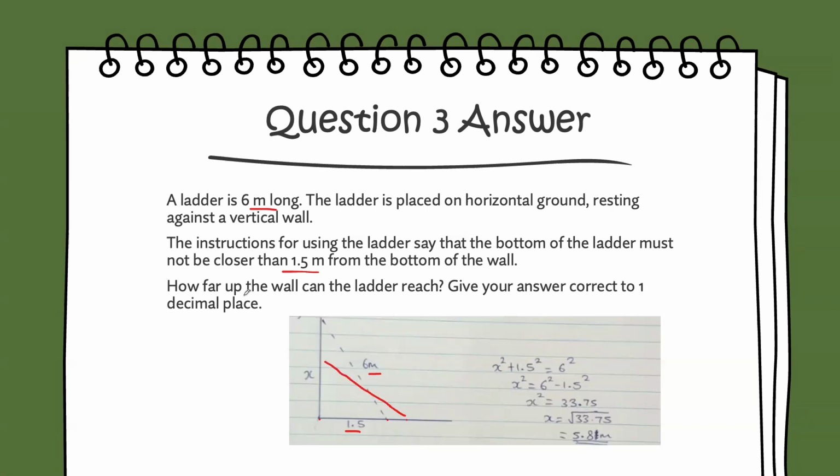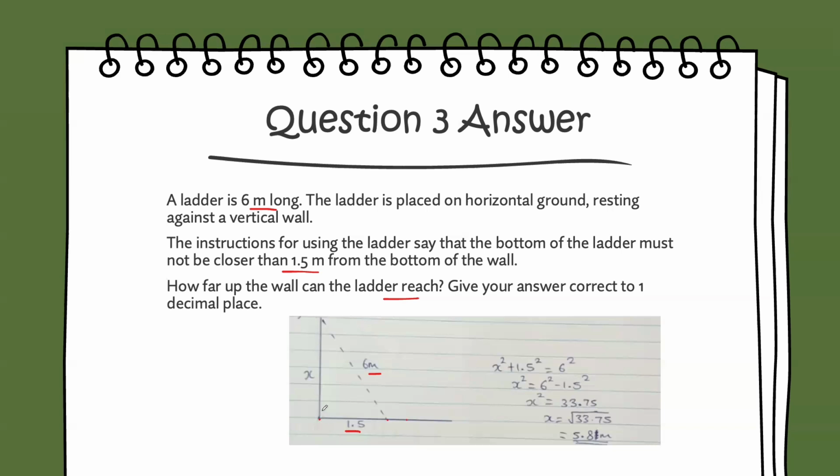And the question is asking how far can the ladder reach? What's the maximum it can reach? So that's why we're going to stick to that 1.5 and not pick a number that's higher, even though it's possible to. We want to find the maximum height, so we're going to stick with that 1.5 length.